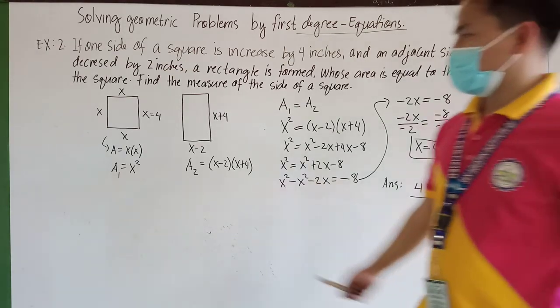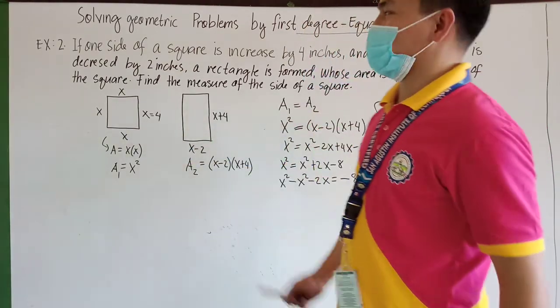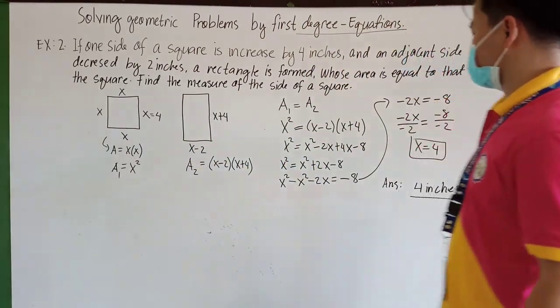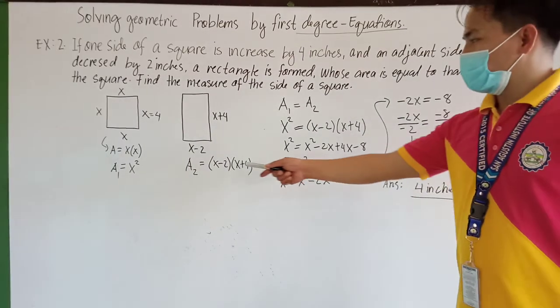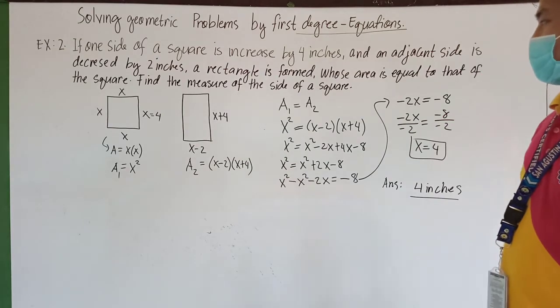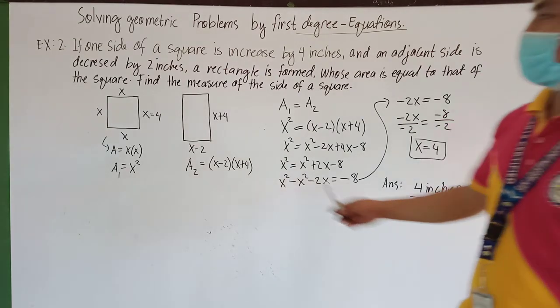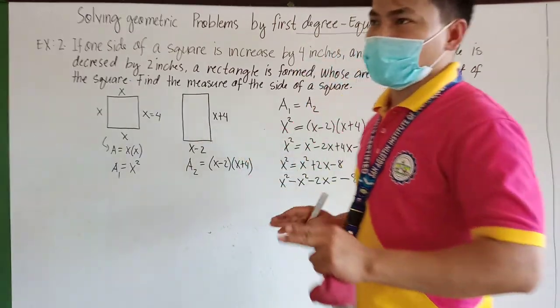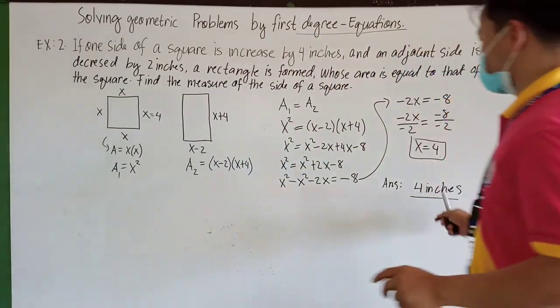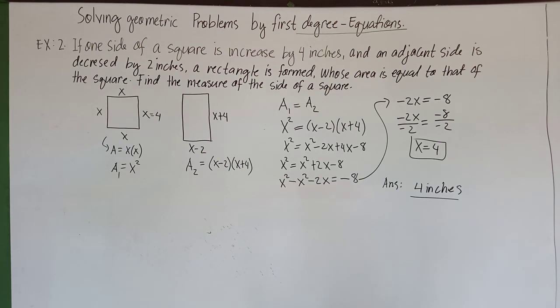Remember always the relation between the two, based on the given statement. You can check this answer by using the same formula, or you just get the area of the square and the area of the rectangle, then compare. If they are equal, therefore our answer is correct.